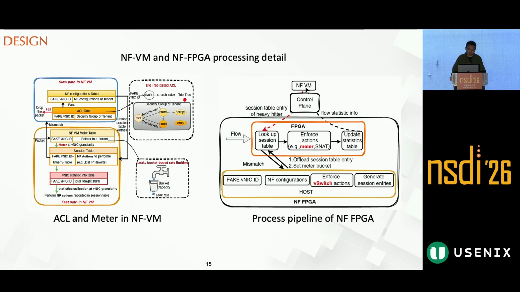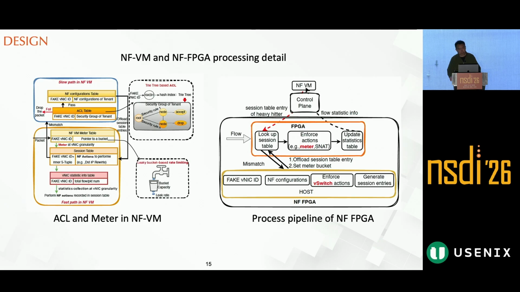With the CStar Gateway, tenant configuration, including ACLs and metering, moves from the vSwitch into the NF VM. We integrate VNIC-level rate limiting and ACL directly into the NF VM's packet processing pipeline. For fast path metering, when a packet arrives in the NF VM, we first conduct metering before any other logic.